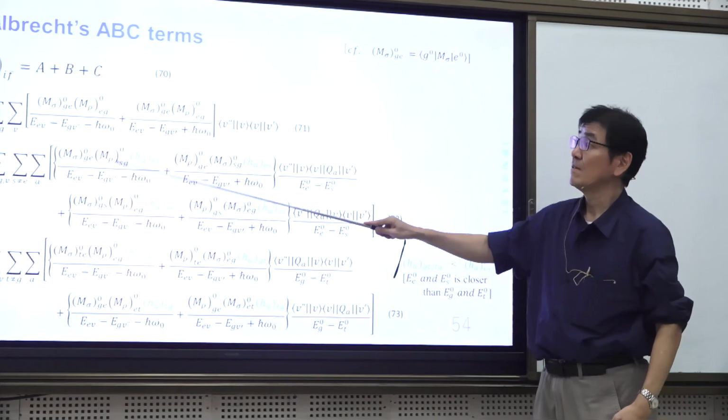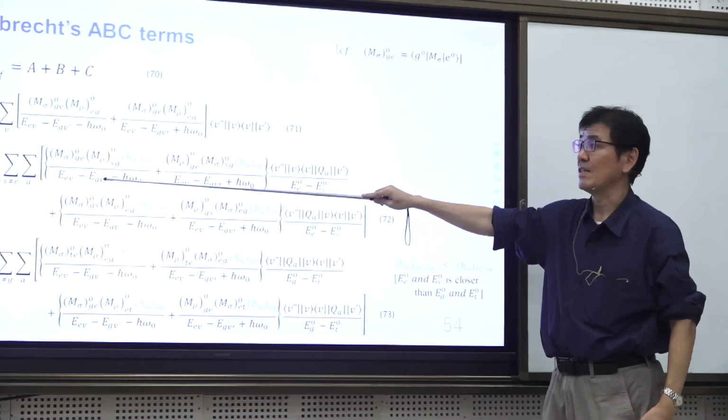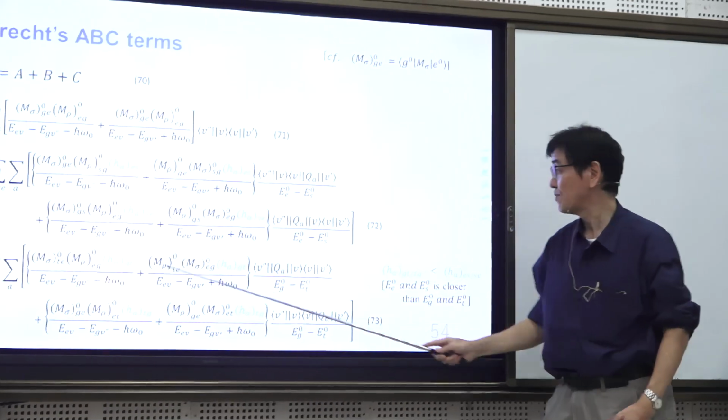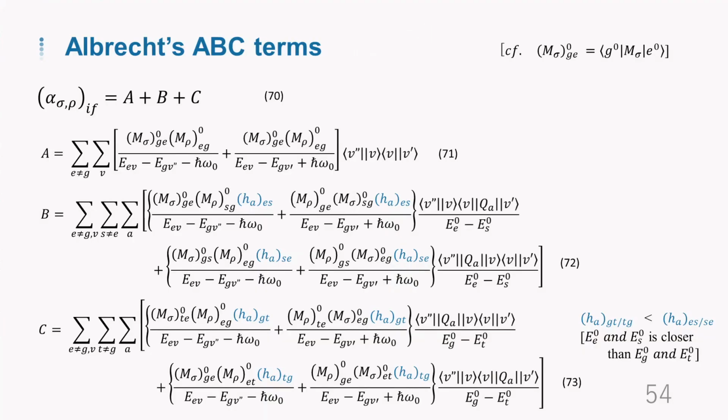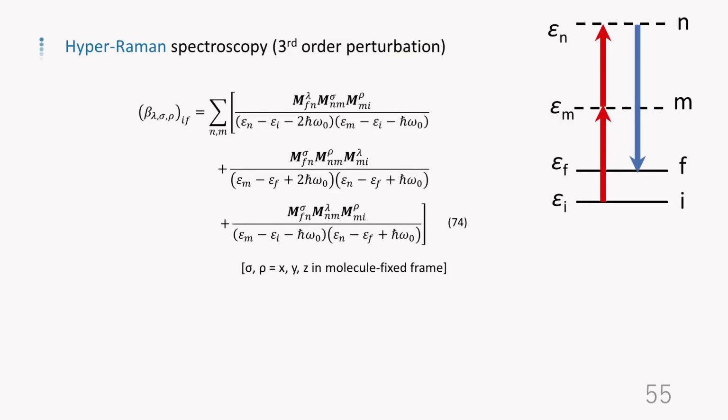So A is the largest, B is medium, C is small. So this is the classification, the so-called Albrecht's ABC terms.